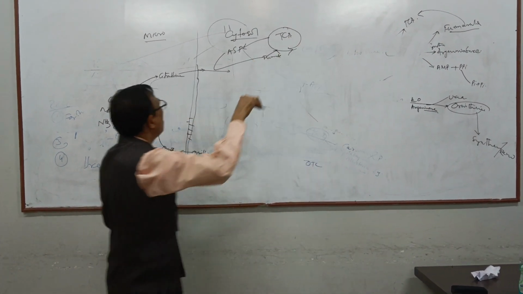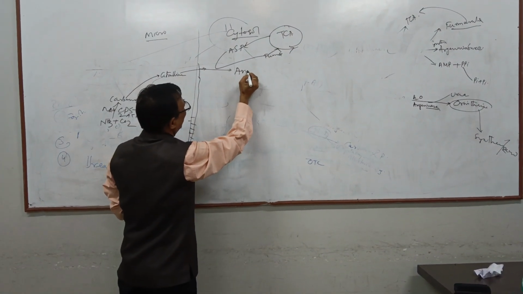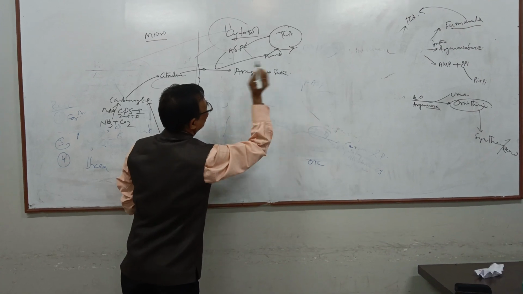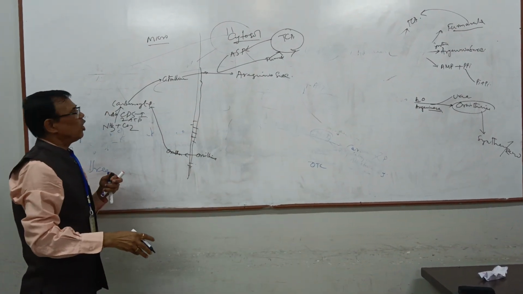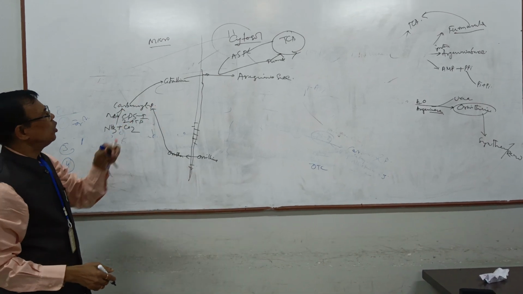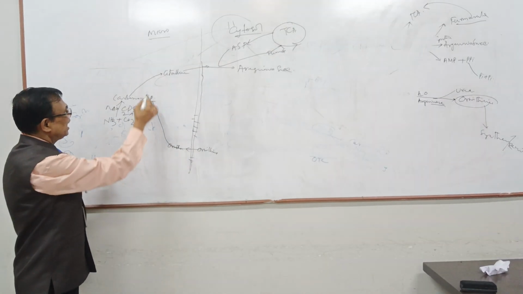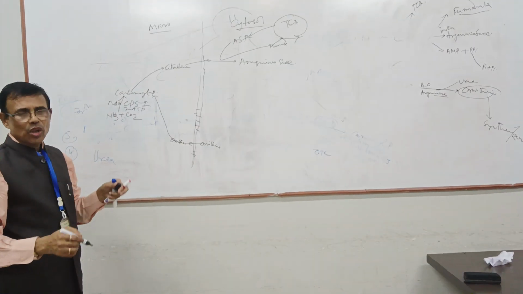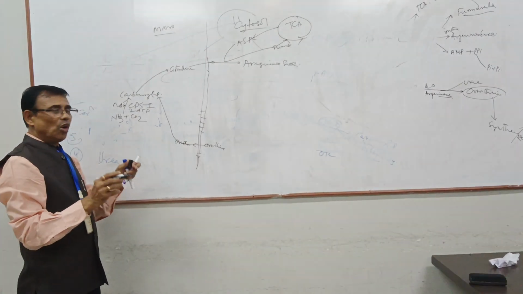So here we will call it argininosuccinate. Here is the enzyme that I mentioned earlier also. Argininosuccinate is the name. Here the reaction is by OTC, ornithine transcarbamylase, or in some books they have mentioned ornithine carbamyl transferase.